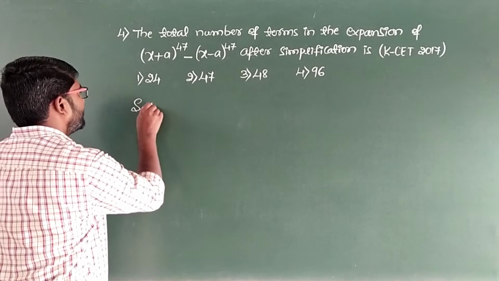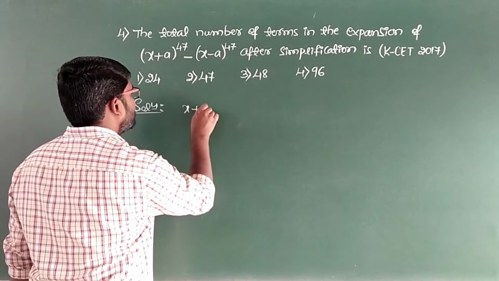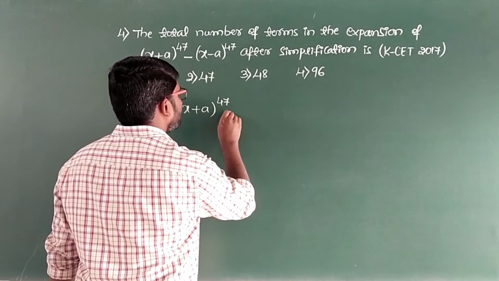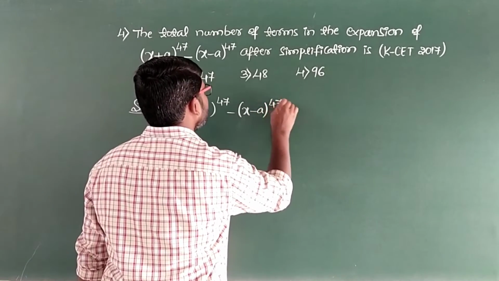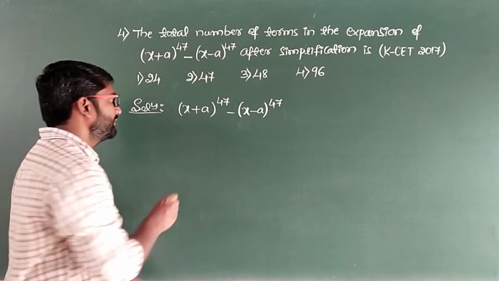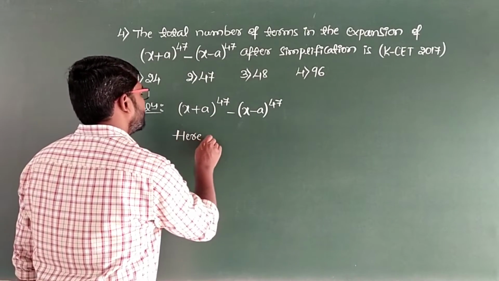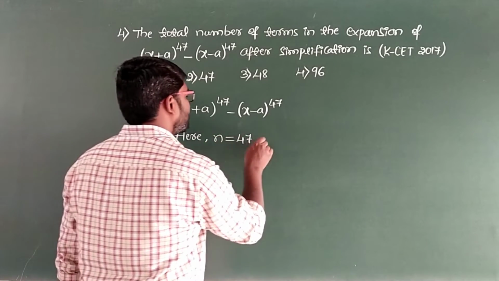Again, we have given a point regarding this. x plus a to the power 47, then minus x minus a to the power 47. Here what is the value of n? N is 47, which is odd.